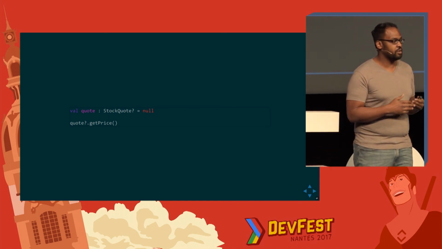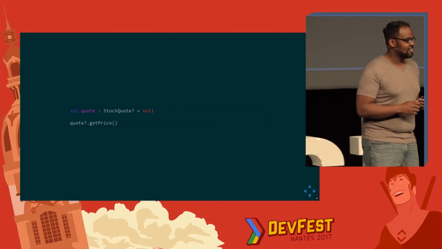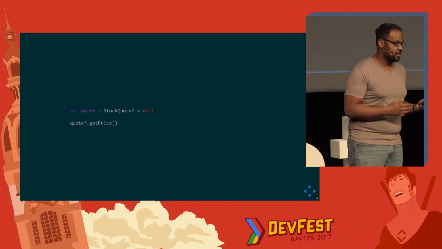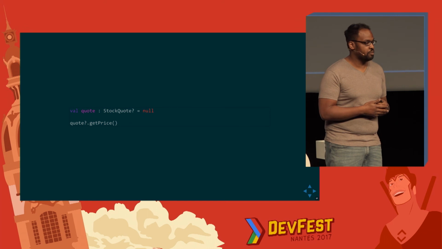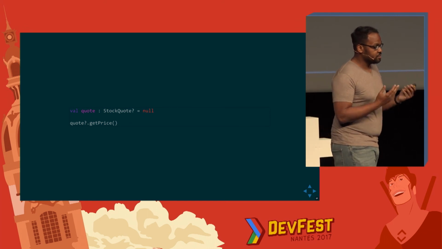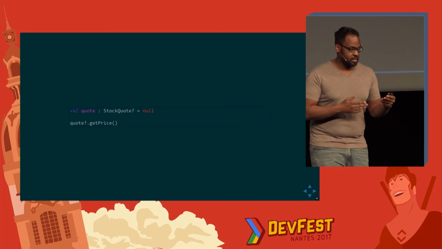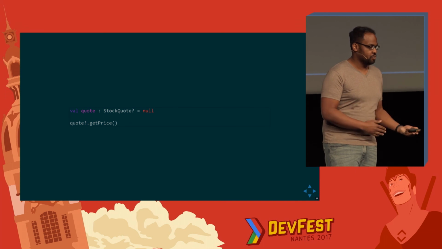But every time we reference that object, we have to use question mark dot to make sure that we're not going to throw a null pointer exception. And if you don't, the compiler is going to yell at you, which is kind of awesome, that you can catch it at the compiler level as opposed to when your code is running.